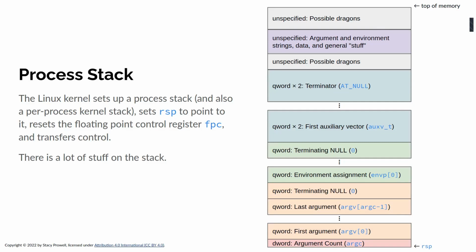It says a per-process stack on my slide, but it's actually a per-thread stack. Each thread has its own stack. It also mentions a kernel stack, and that is true. Each thread gets its own kernel stack.